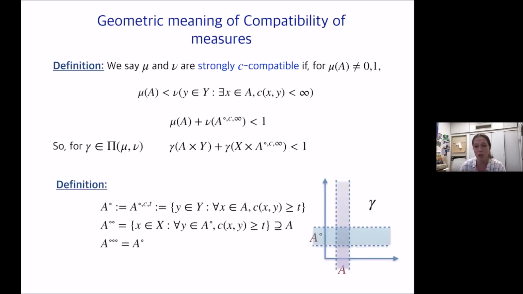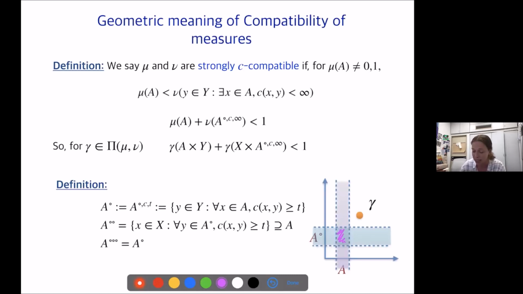So in this picture, I see that the sum of the measure of the purple set and the measure of the blue set has to be less than 1. But this in particular means that there is some measure outside, right? Because the sum of these two measures, well, there is some set that I'm counting twice, but even when counting it twice, I have total measure less than 1. So there is at least some density point of gamma outside.